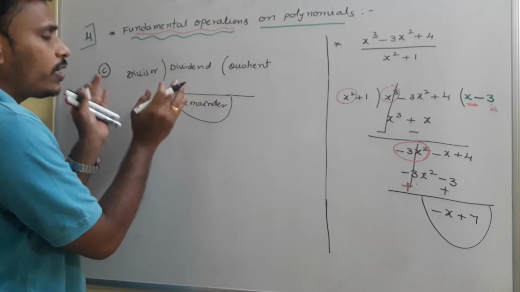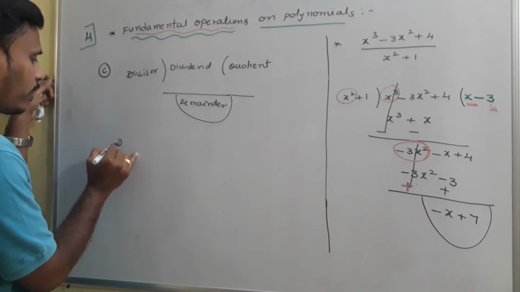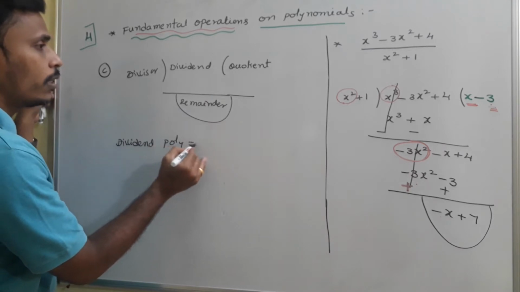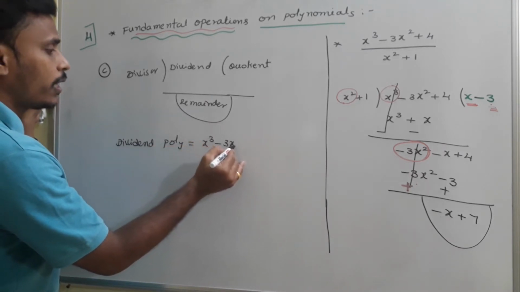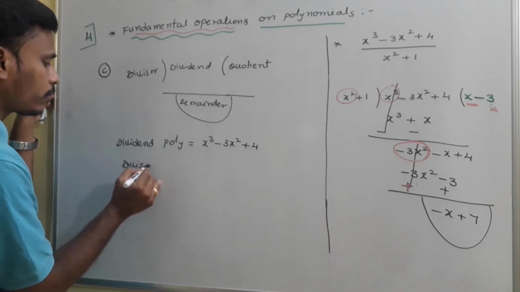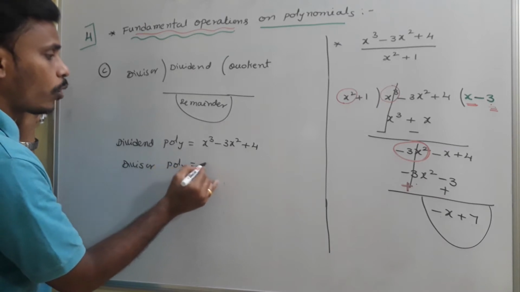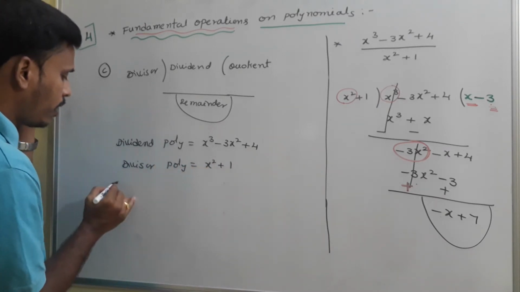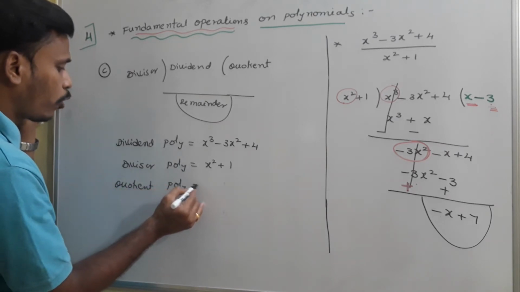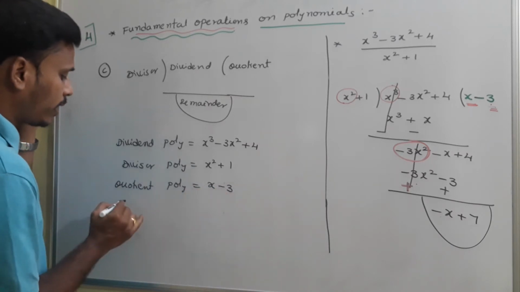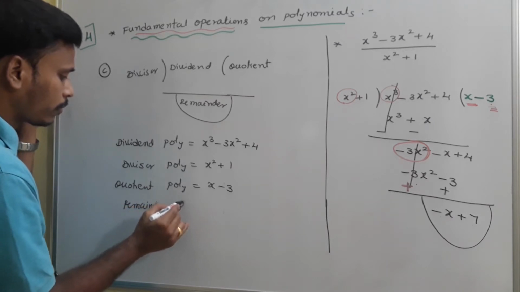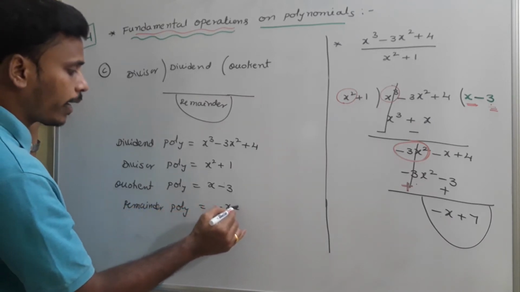So when you compare these names with the polynomial, you will get that for this particular example, dividend polynomial is equals to x cube minus 3x square plus 4, whereas divisor polynomial is x square plus 1, and quotient polynomial is x minus 3, whereas remainder polynomial is here minus x plus 7.